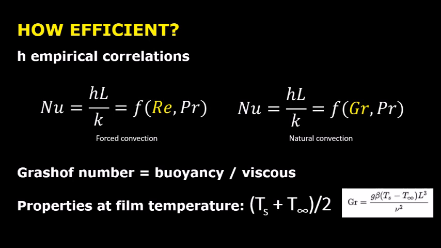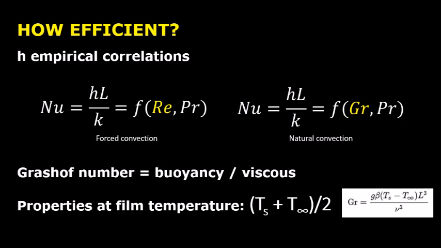An extremely important thing you have to remember here: when you use a natural convection correlation, when you evaluate the kinematic viscosity or the Prandtl number, they have to be evaluated at the film temperature. That means the average temperature across the boundary layer.